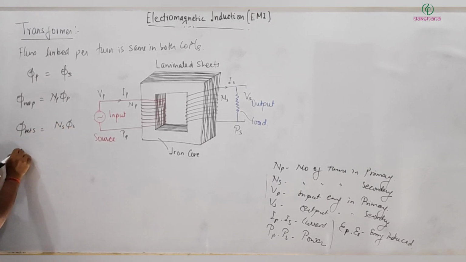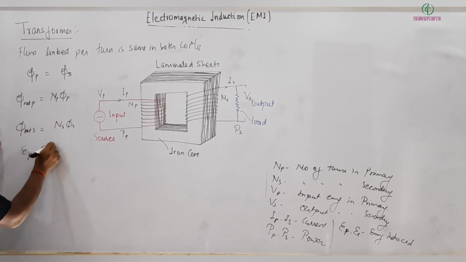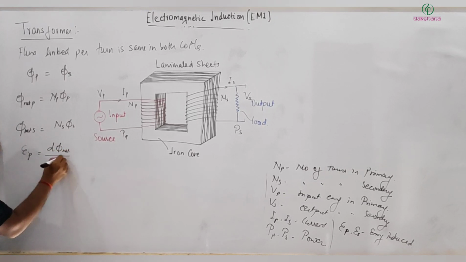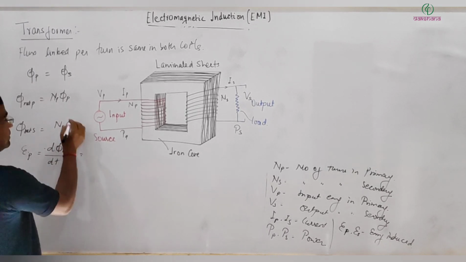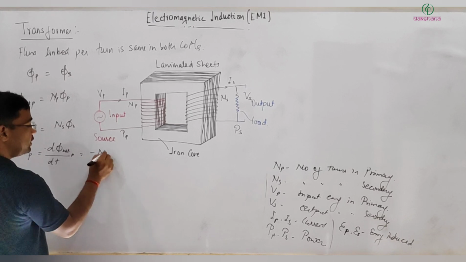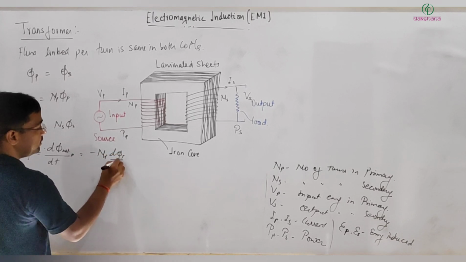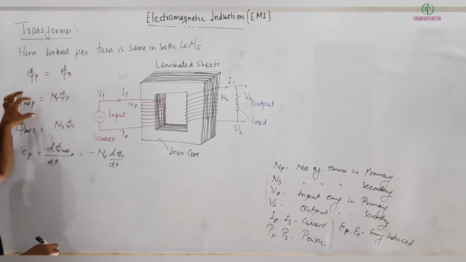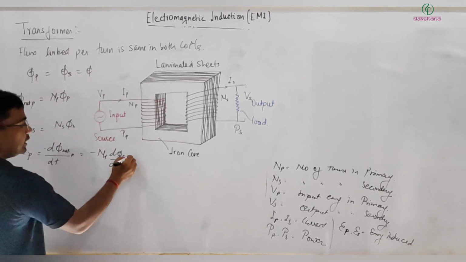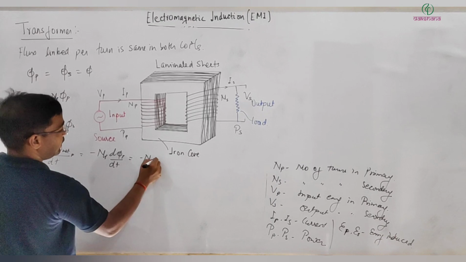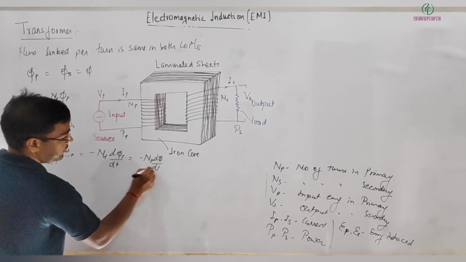So EMF in primary will be equal to minus d phi net by dt, and that will be equal to minus NP into d phi P by dt, or because these are equal, simply minus NP into d phi by dt.